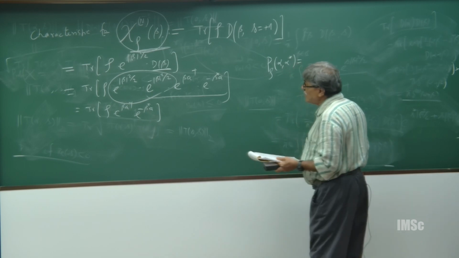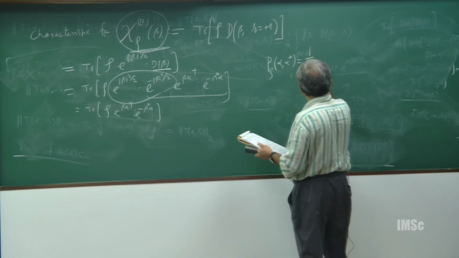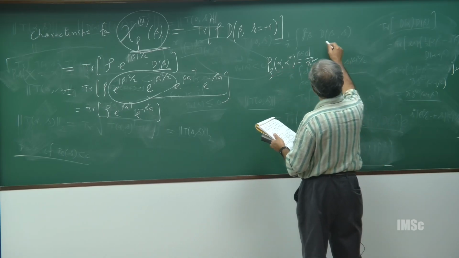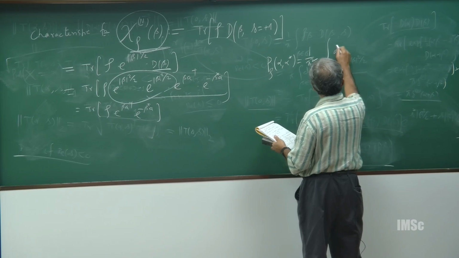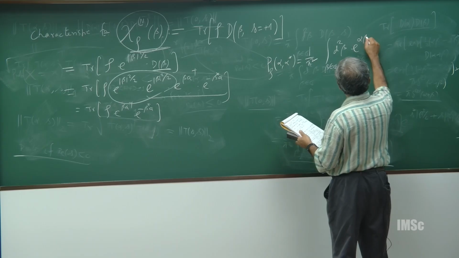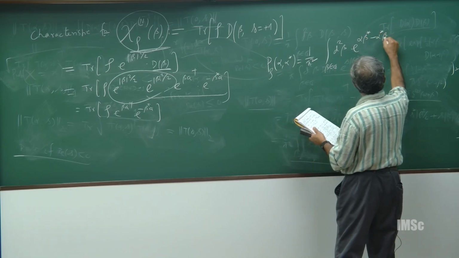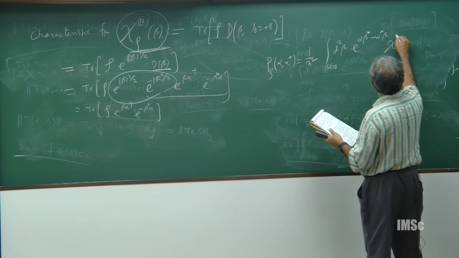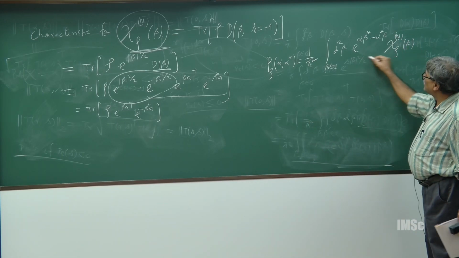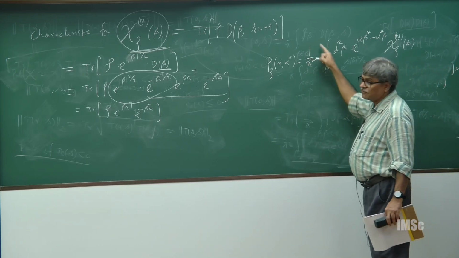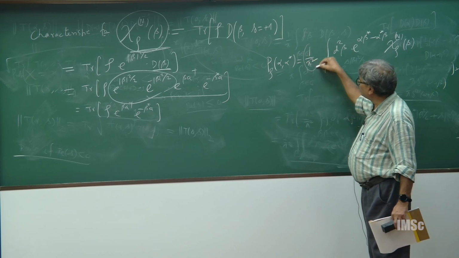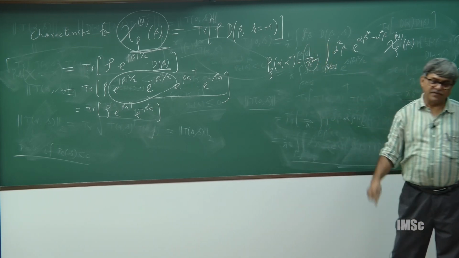This time you should be careful, here I will take 1 upon pi square, integral over beta belonging to C, d square beta, e to the power alpha beta star minus alpha star beta, chi normal of rho of beta. This is the complex Fourier transform. Generally in a Fourier transform I get 1 upon pi, but here an extra 1 upon pi factor is there.